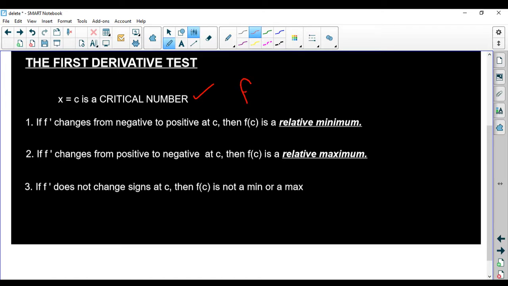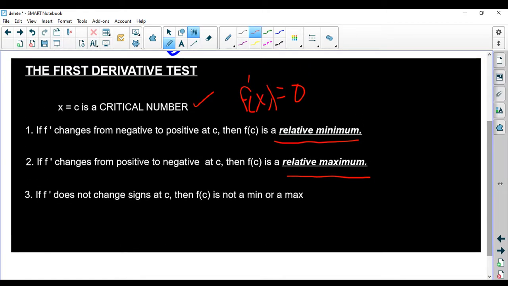Remember, that's where the derivative equals 0 or is undefined. If the derivative changes from negative to positive at a critical number, then you call it a relative minimum. If the derivative changes from positive to negative, you call it a relative maximum. If it doesn't change, then you know you don't have a relative min nor a relative max there.